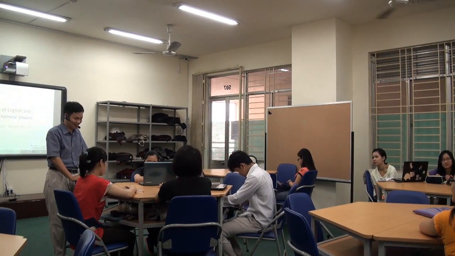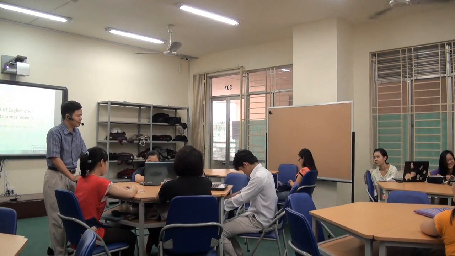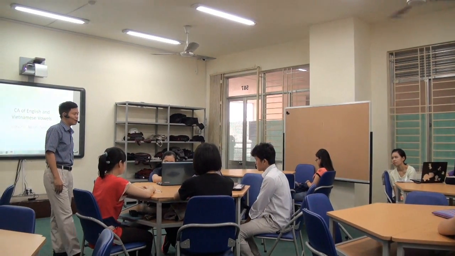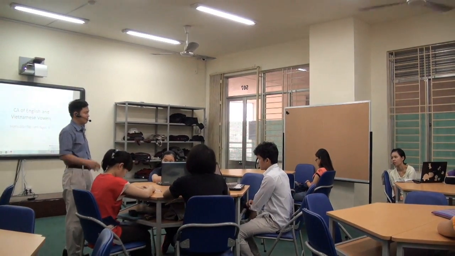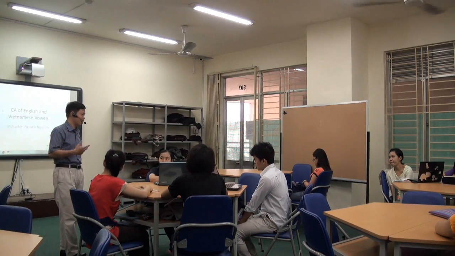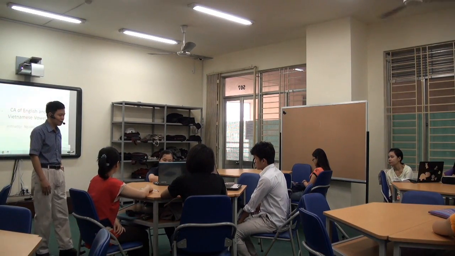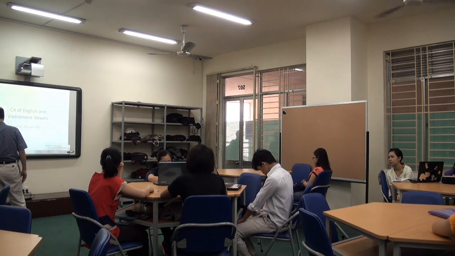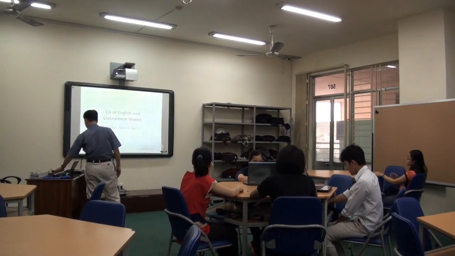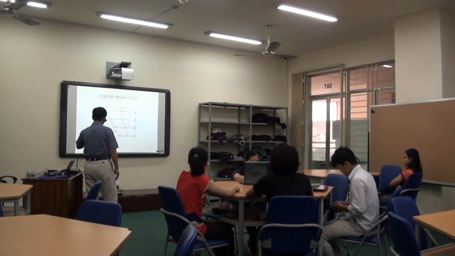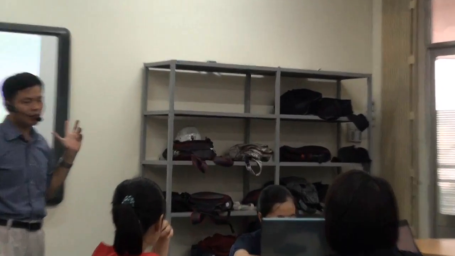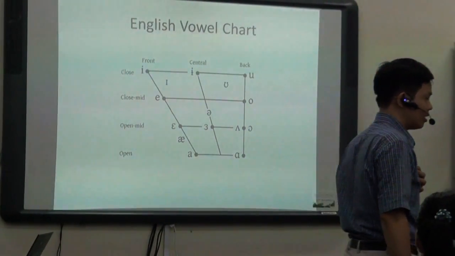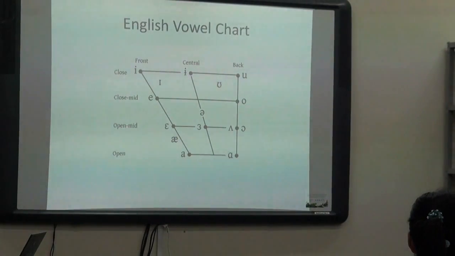So it's still new to you, right? In this discussion, we're going to review what you have already learned about the vowel chart, the IPA chart for describing vowels and consonants. If you have already taken the course that I have just mentioned, then this chart must ring a bell.